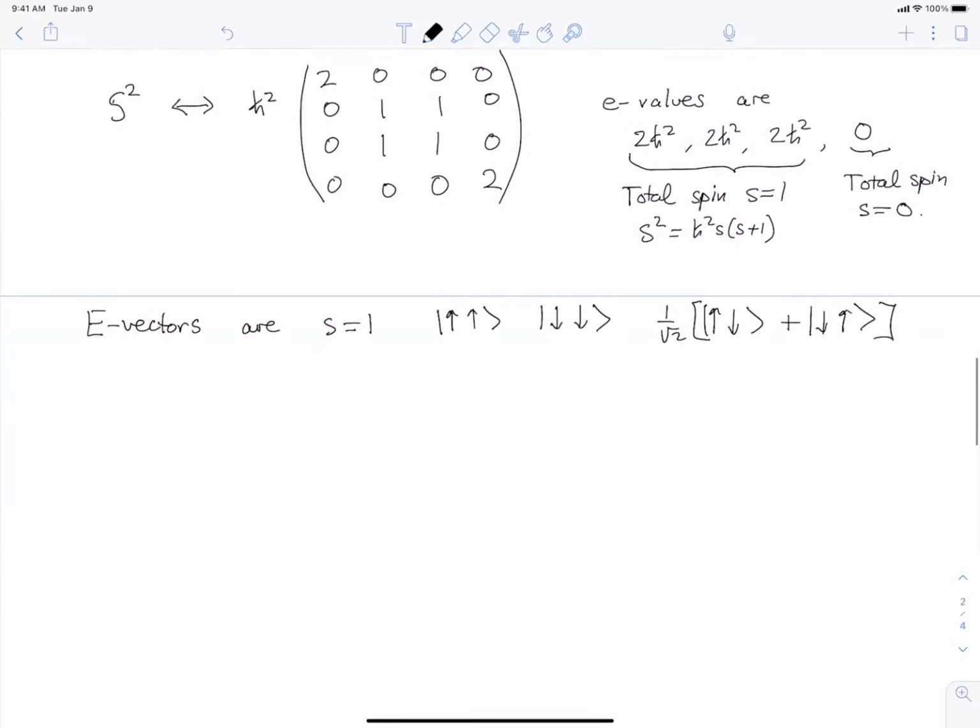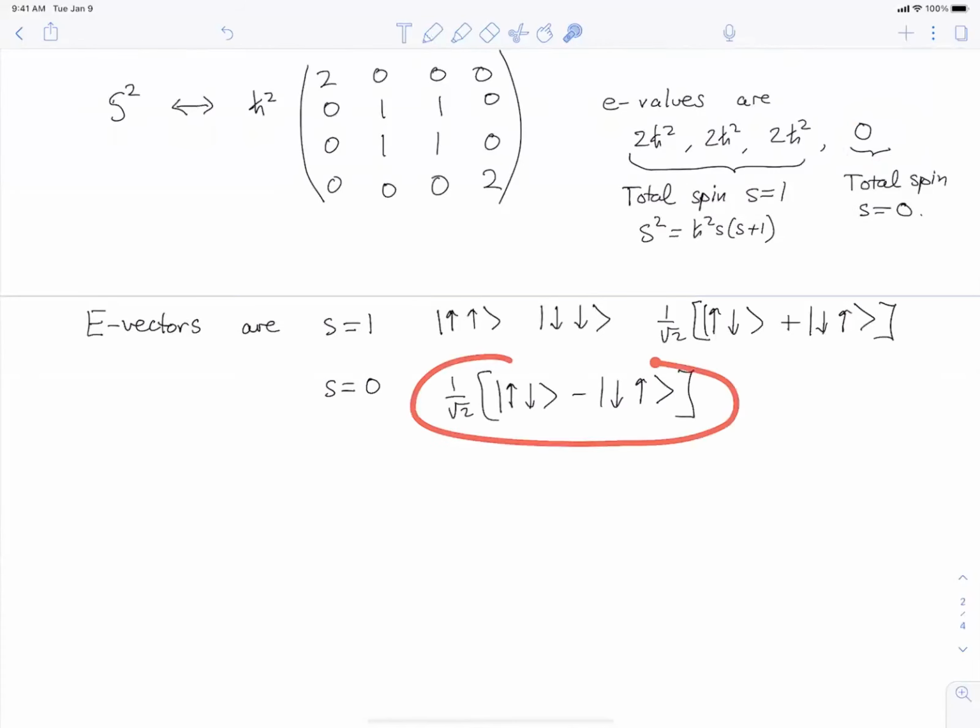Okay, and then for S equals 0, there's only one state because there's a non-degenerate eigenvalue. And normalizing it, that's going to give 1 over root 2 up arrow, down arrow, minus down arrow, up arrow. Okay, and as a check, all these states are orthogonal to each other. They form an orthonormal basis. In particular, when you take the inner product of that one with this one, it has to give 0, and it does.